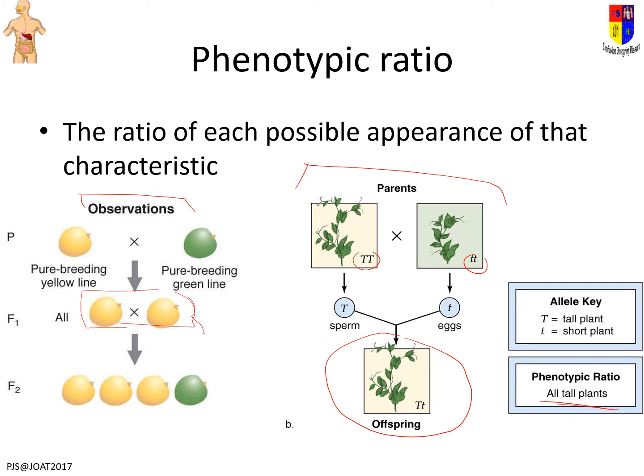So this would just be fine. You would have just said all yellow. But then when you cross two of these yellow ones together, you got something slightly different. And that's where the phenotypic ratio comes in. You would say here, 3 yellow to 1 green. And you're going to have to be able to work out how many of these are likely to happen, but that's a little bit further on.